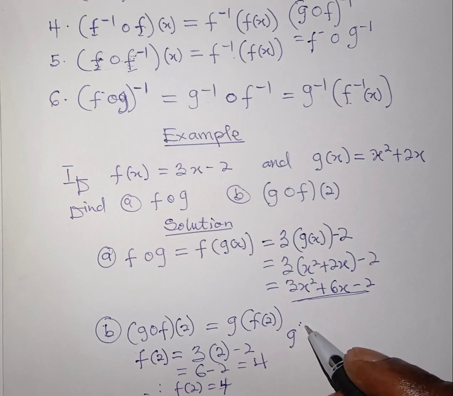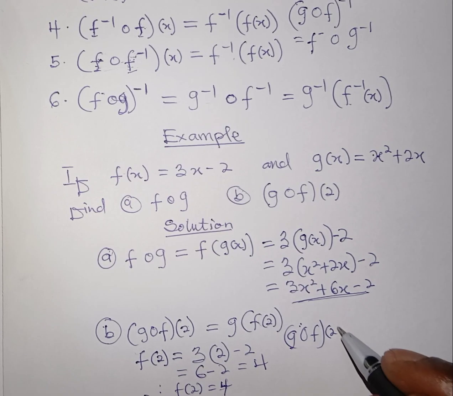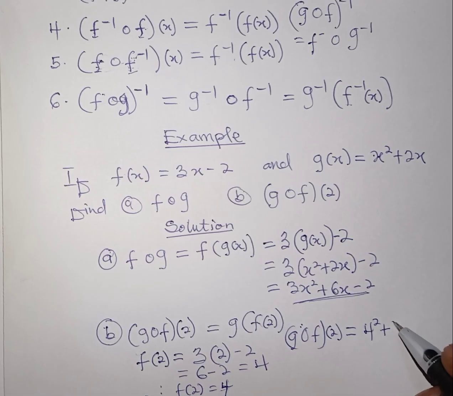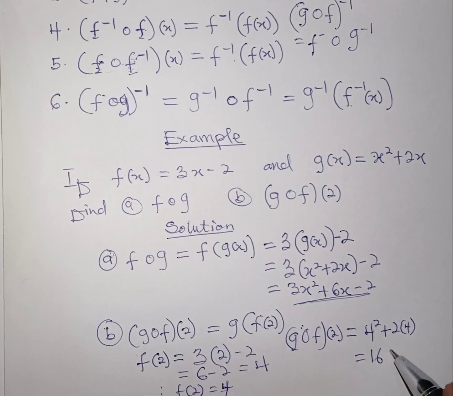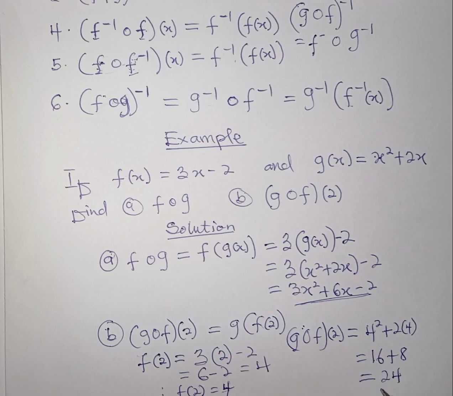So my g of f at 2 now becomes 4 squared plus 2 multiplying 4, and this gives me 16 plus 8, which will give me 24, and that is it.